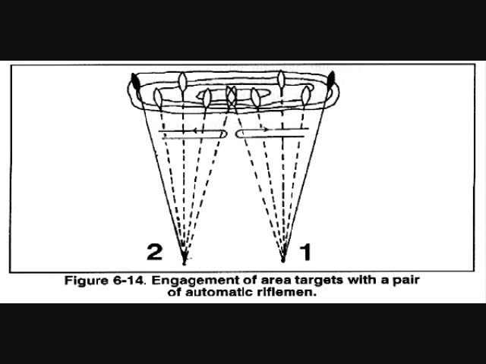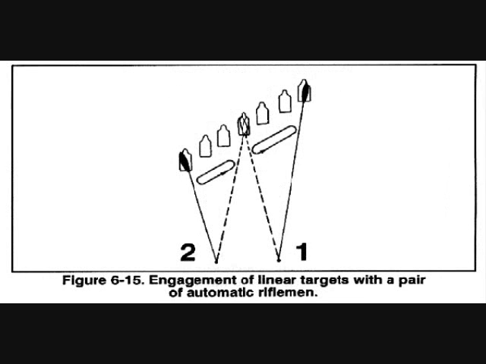He traverses and searches up and down until the right flank of the area target has been reached. The left automatic rifleman traverses and searches to the left flank in the same way. Both automatic riflemen then reverse the direction of manipulation and return to the center of mass, firing a burst after each combined direction and elevation change.